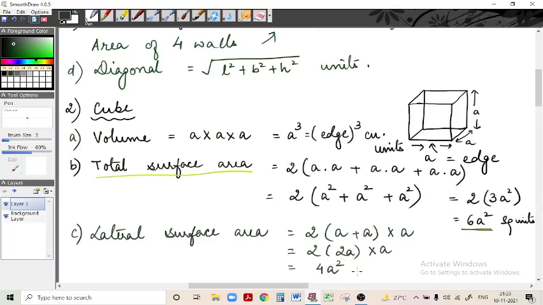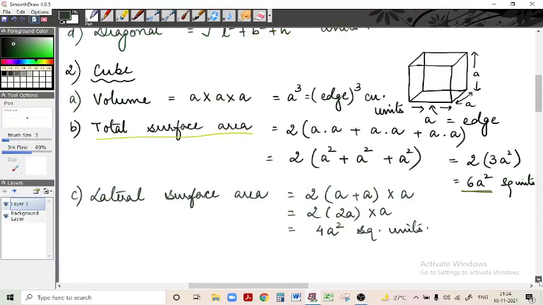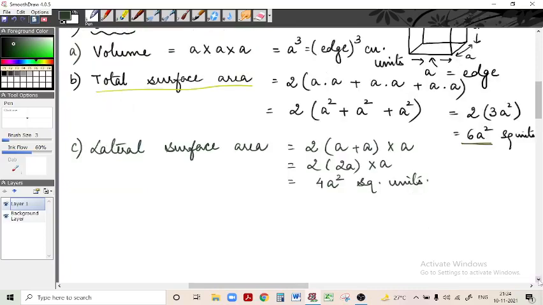So this is 4A square units. This is our lateral surface area. Now when I am talking about diagonals, the diagonal is equal to root 3 A units. This is my diagonal.